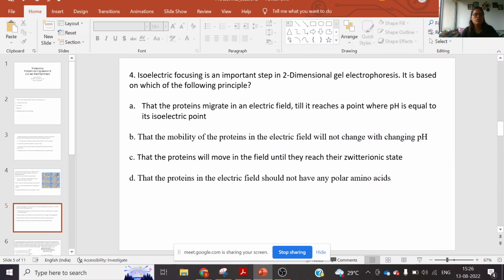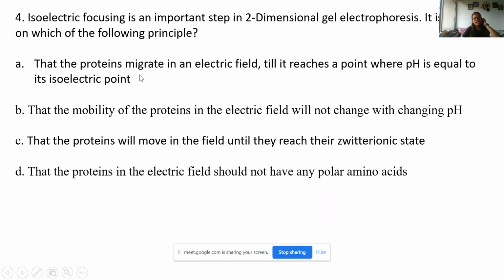So coming to question 4: isoelectric focusing is an important step in two-dimensional gel electrophoresis. It is based on which of the following principles? Option A is that the proteins migrate in an electric field till they reach a point where the pH is equal to their isoelectric point.